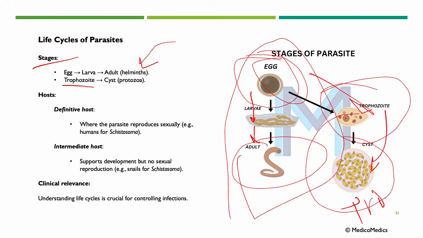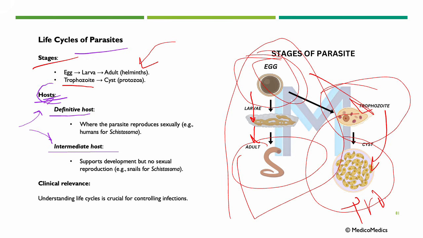Another important concept is hosts. These are differentiated into definitive host and intermediate host. So in the context of parasites, the term host refers to the organism in which the parasite lives and from which it derives its nutrients or protection.